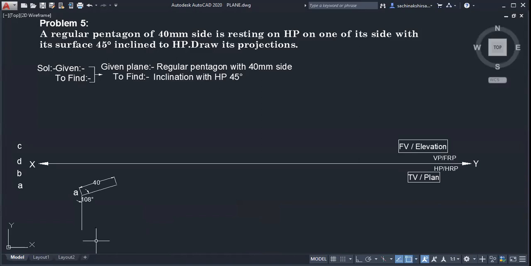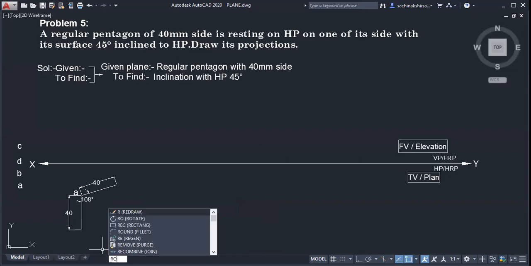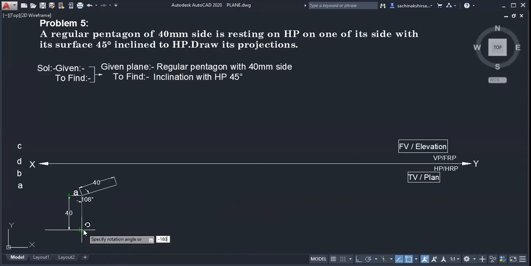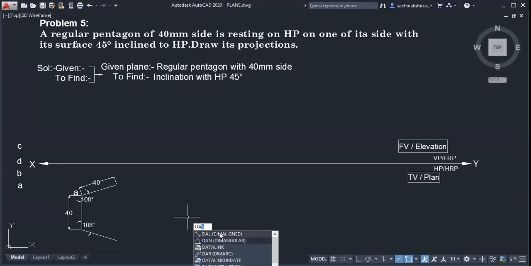Similarly, one more line I have to draw from this point, again with 108, and the distance should be 40. This to this distance should be 40.